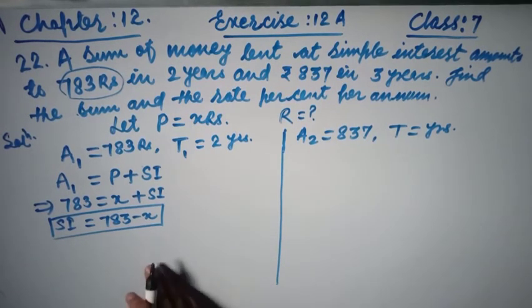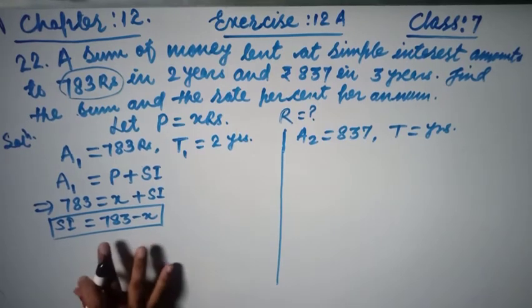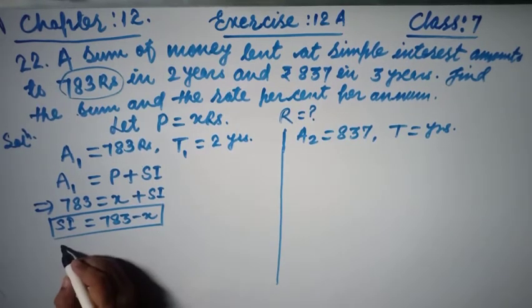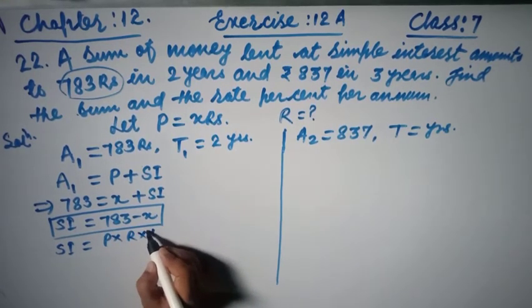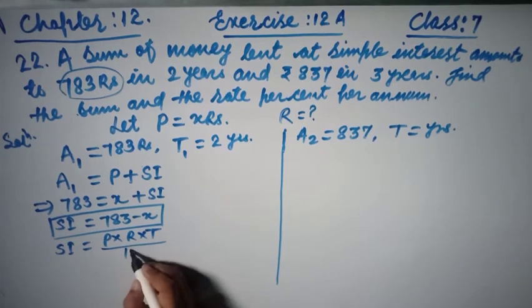Now for the first case we can write the formula: SI is equal to P into R into T divided by 100.